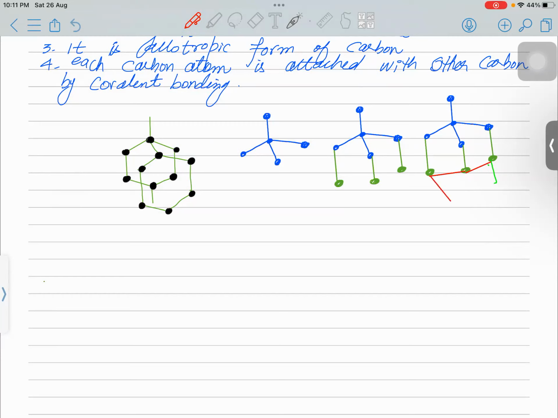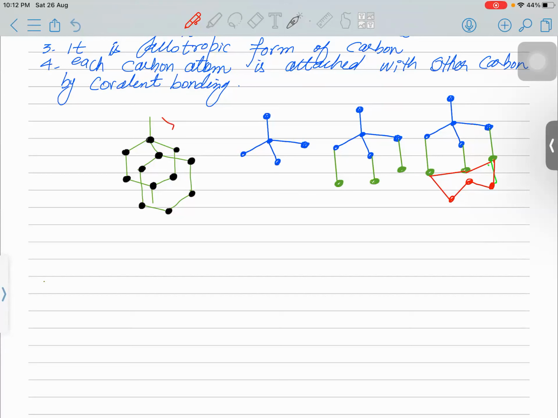Then make this one, make this one, make this one. This is the structure, right?